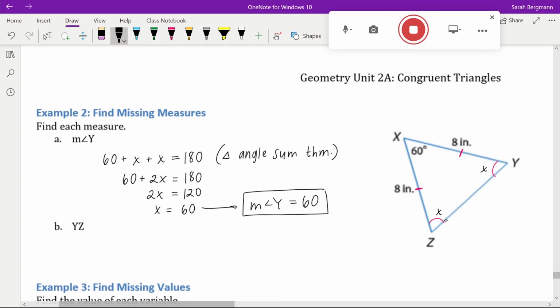Now that I know that all three angles have a measure of 60 degrees, I know that this is an equiangular triangle. Therefore, it's also equilateral. So if I need to find the measure of side YZ, I know that YZ must be the same as XY or XZ.